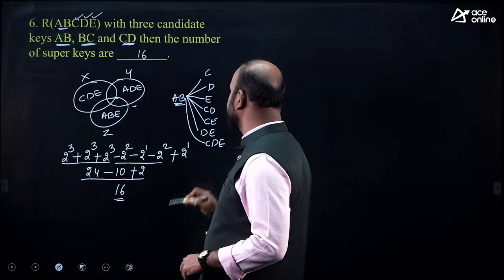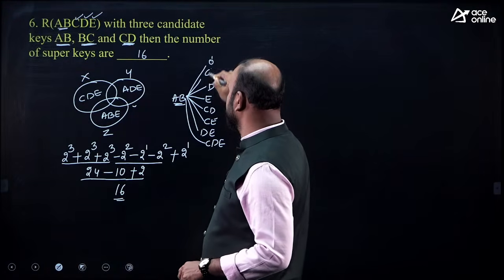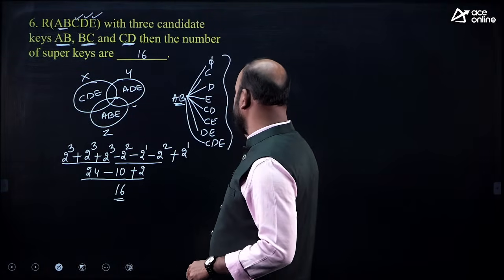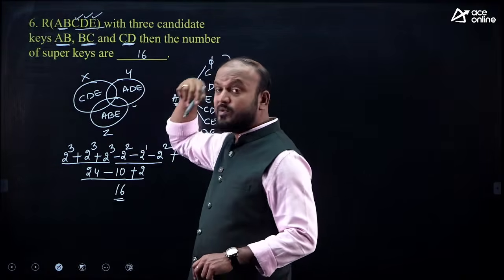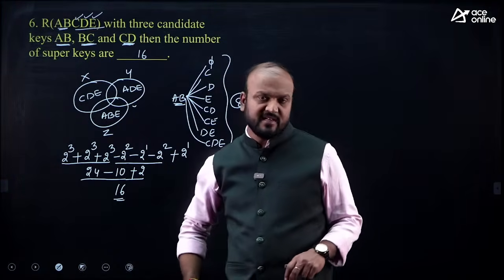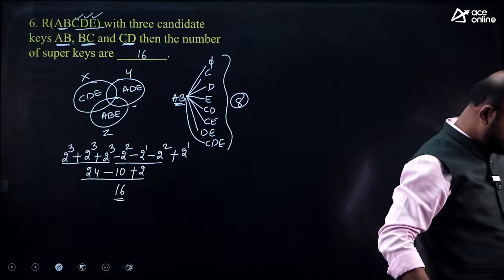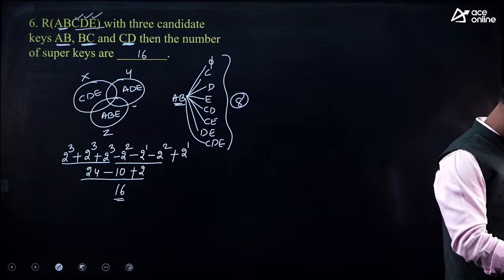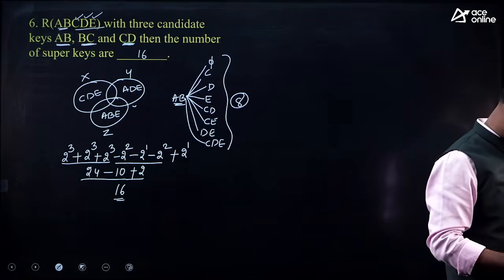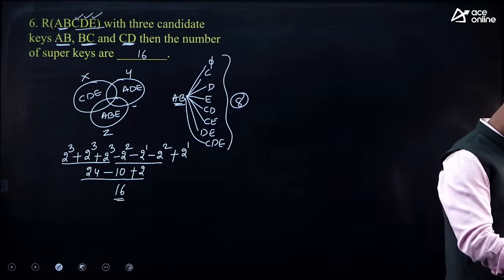These are all the possibilities, right? Or with nothing. So how many possibilities are there? 8. So when AB is a candidate key, along with other attributes, the combinations are super keys. Okay, Ankit Singh, done? Praveen, okay. Done, good.